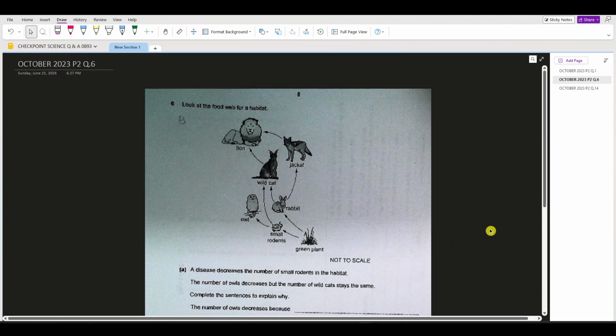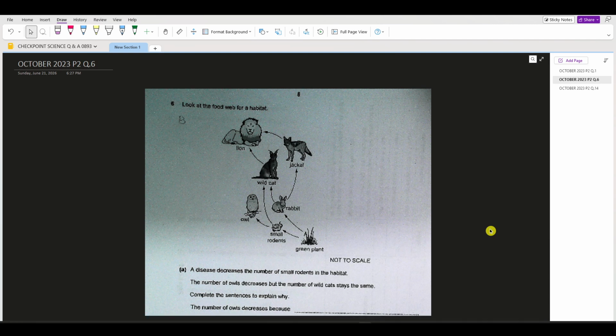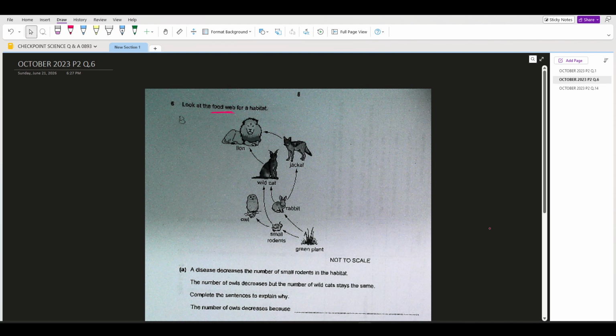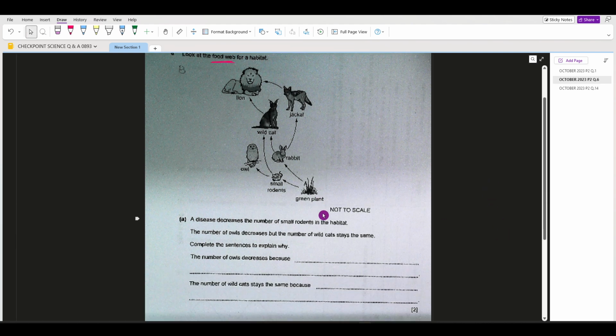In question number 6, they are asking you to look at the food web for a habitat. So this is the diagram of a food web. Now let us try to answer sub question A.